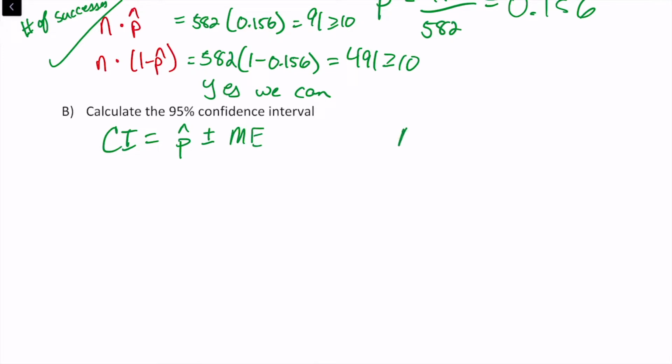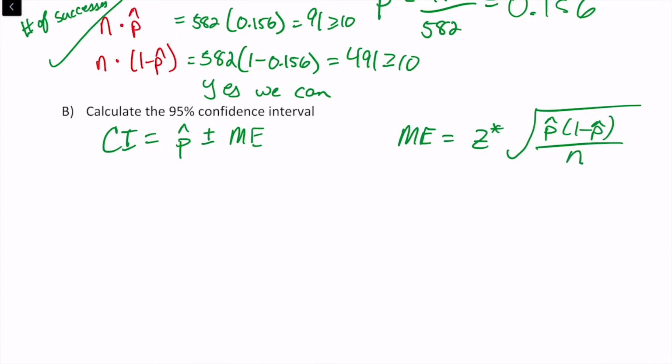Well, what's the margin of error? The margin of error is our critical z-score times the square root of p hat times 1 minus p hat over n. Remember, the square root of p hat times 1 minus p hat over n, we call that the standard error.